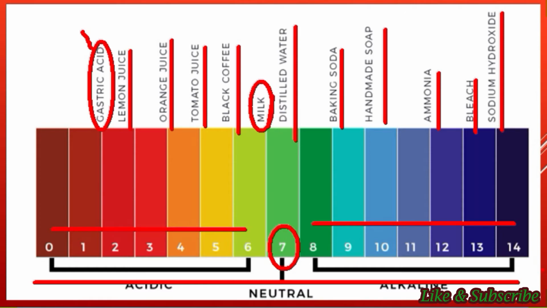It means that it is highly basic in nature. So students, that's how by the help of the pH scale we can find out the acidic as well as the basic nature of any given substance, and even we can also find out their pH value.